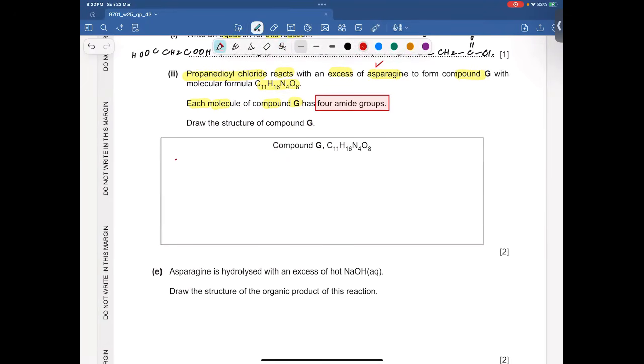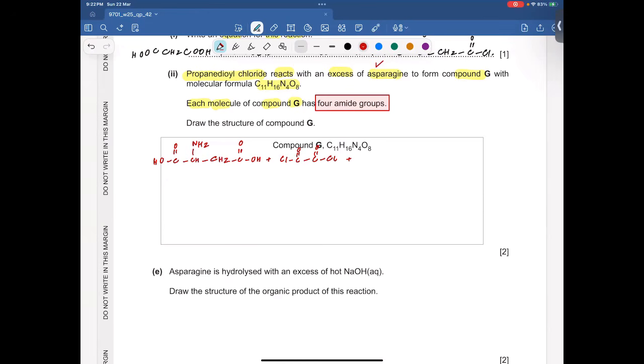Let me write it down. This is COOH. This is CH. This is NH2. This is CH2. This is CO and OH, plus propane dioyl chloride. Okay, that's tough, guys. Cl, CO, CO, Cl.